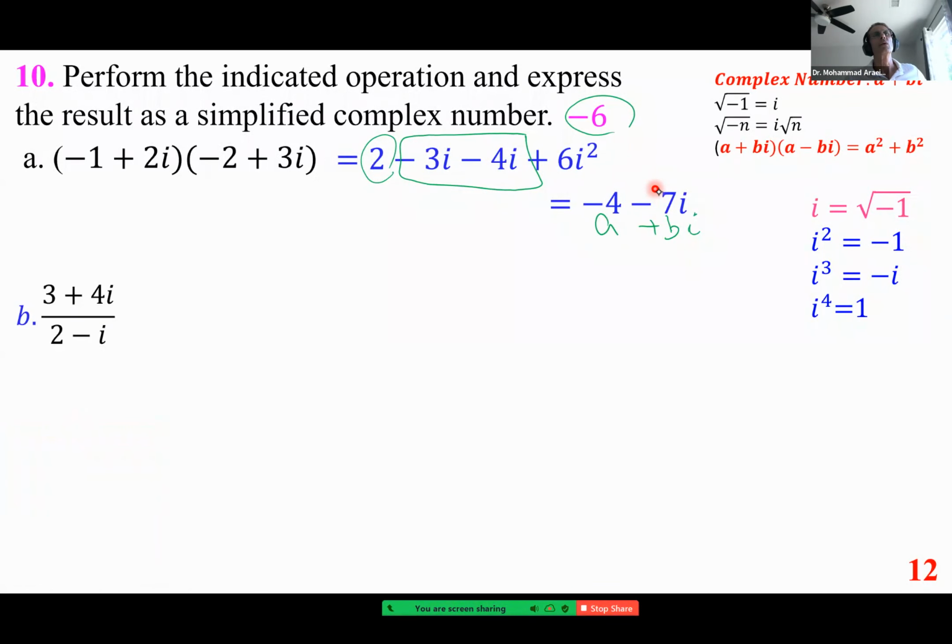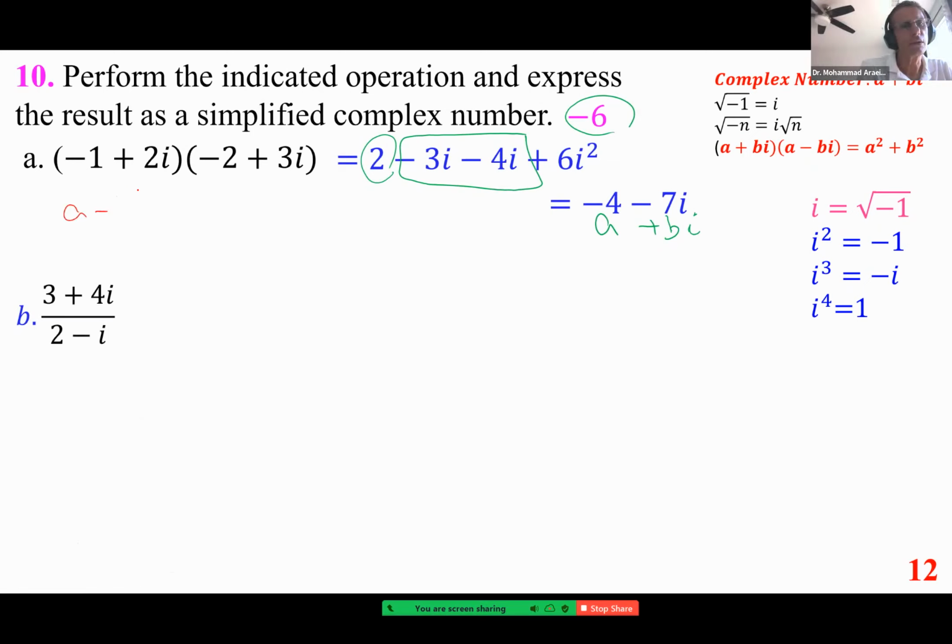Part B, if somebody says divide, rationalize, or put it in standard form of a complex number, meaning a plus bi, it means the same thing. The technique is to multiply by the complex conjugate of the denominator. Again, I did mention a minus b.